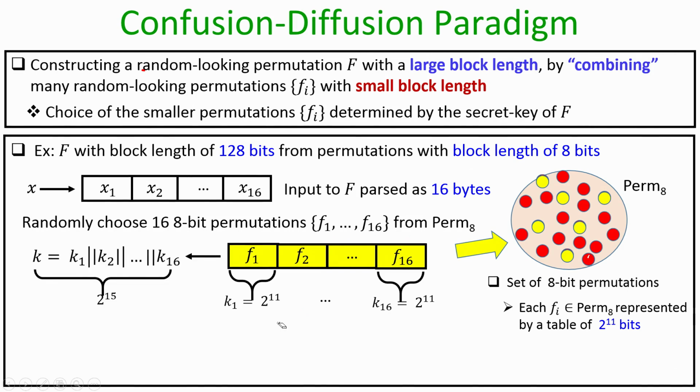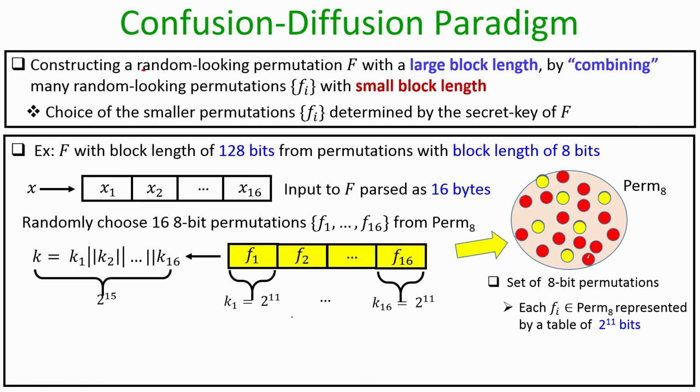Now, once we have randomly chosen the 16 permutations which are going to be used for the construction of the function big F, the overall key for the big permutation big F is the concatenation of the individual tables, namely the concatenation of k1, k2, ..., k16.